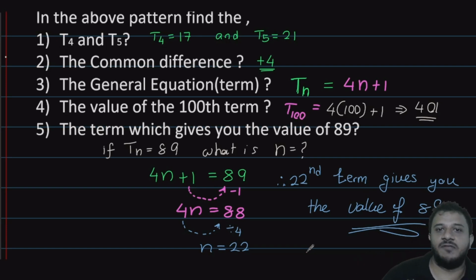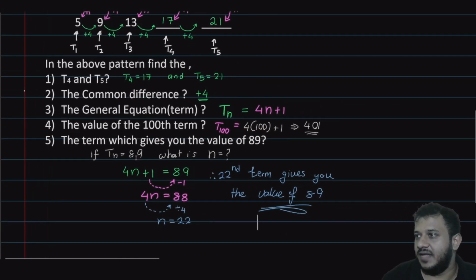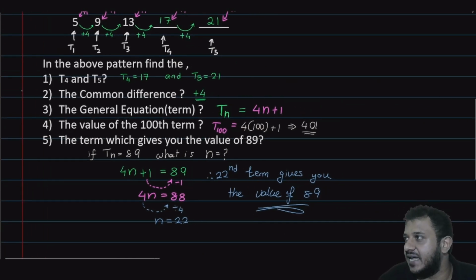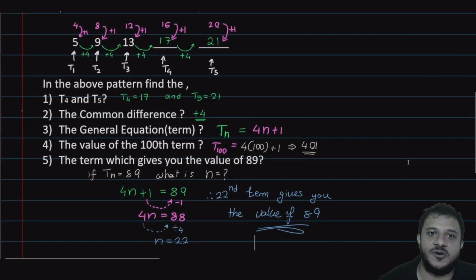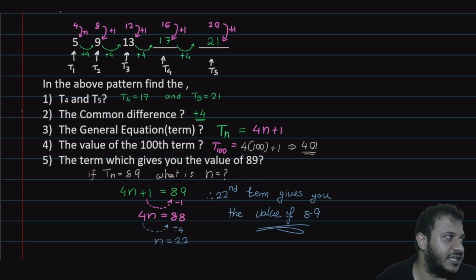Got it? Everybody? No problems? Anybody didn't understand any step of this? Is there any step which you didn't understand about what I just did? Anybody got any questions? No one?